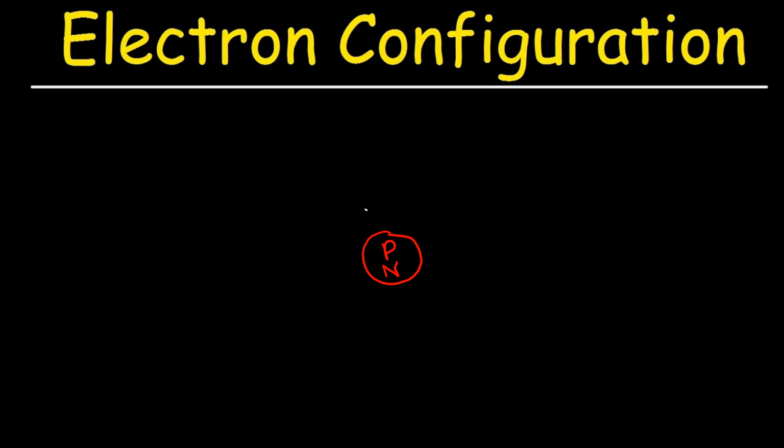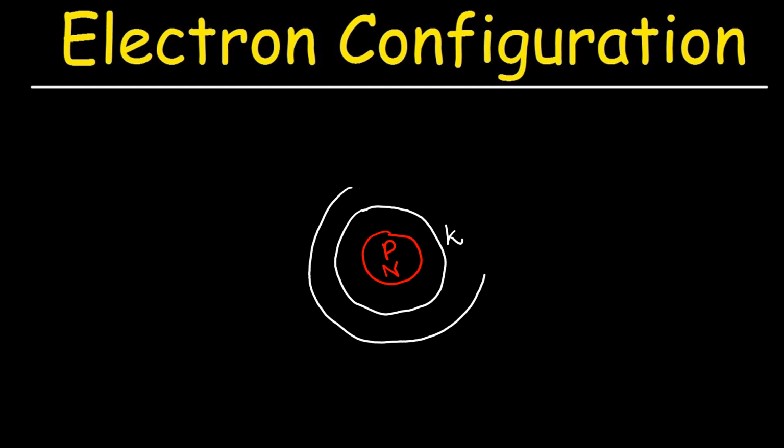Around the nucleus there are energy levels. The first energy level around the nucleus is known as the K shell. The second energy level around the nucleus of an atom is known as the L shell.